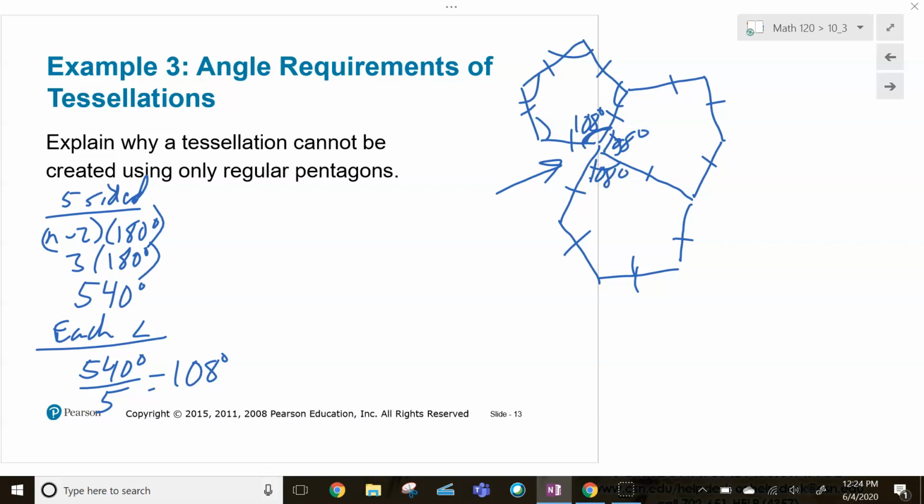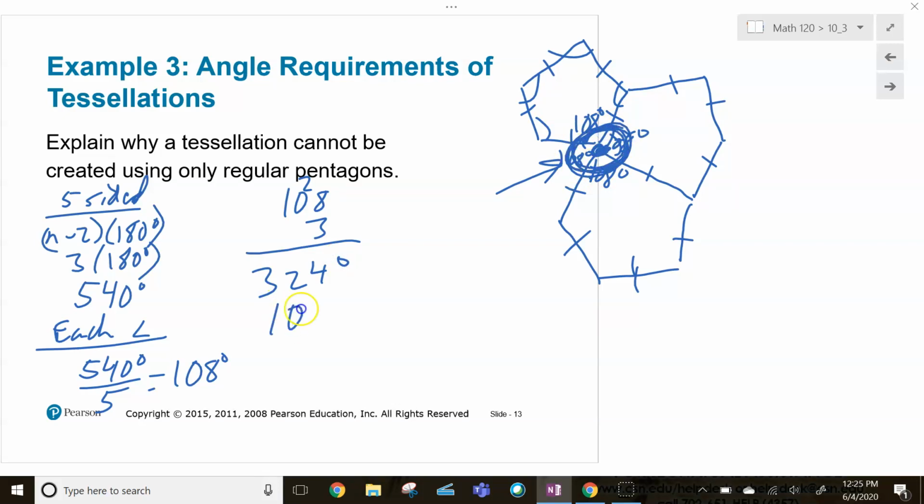The question is, does another 108 fit in perfectly right there? And I say there's no way because 108 plus 108 plus 108, if I had 3 of those, then I'd have 324 degrees. And it has to be 360 degrees where they meet.